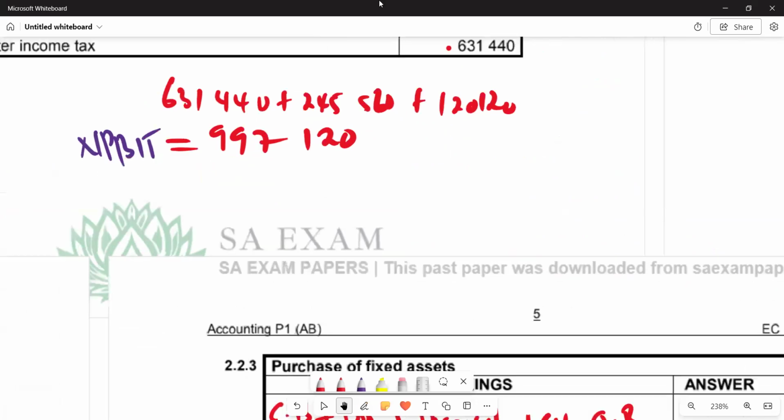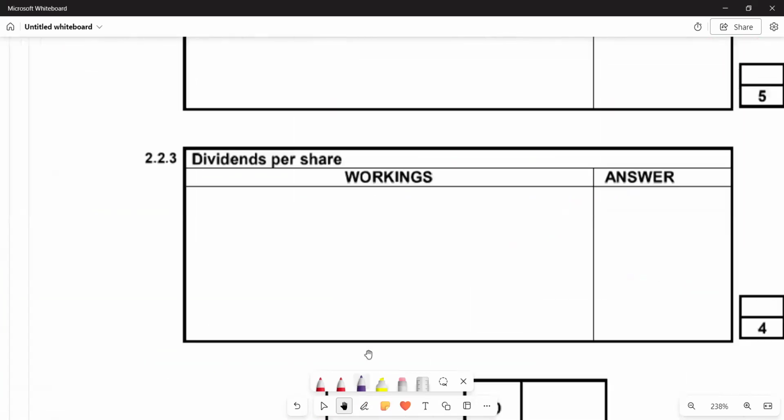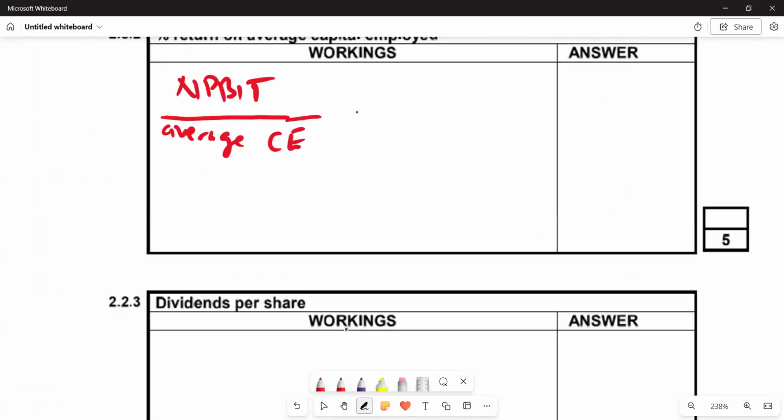997,120. So we go there and just substitute in our formula. We are saying equal to net profit before interest and tax, we got 997,120.